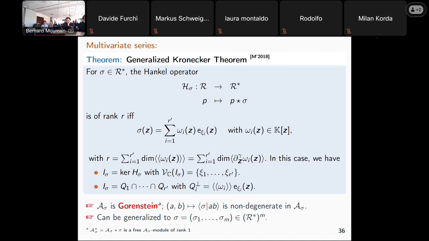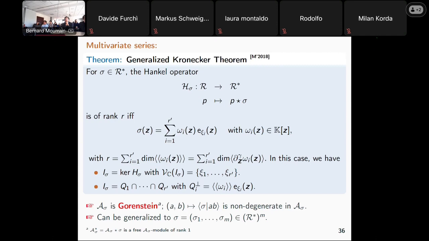Moreover, we have a primary decomposition of this ideal as Q1 intersected with QR prime, where R prime is the number of points, and QI orthogonal, the dual of the linear functionals which are 0 on Qi, is in fact the inverse system of omega I times this exponential.